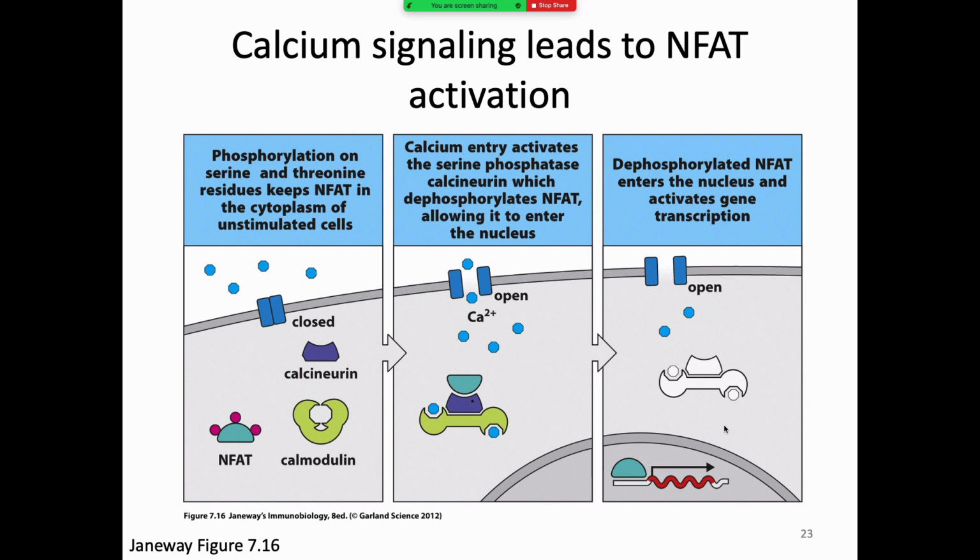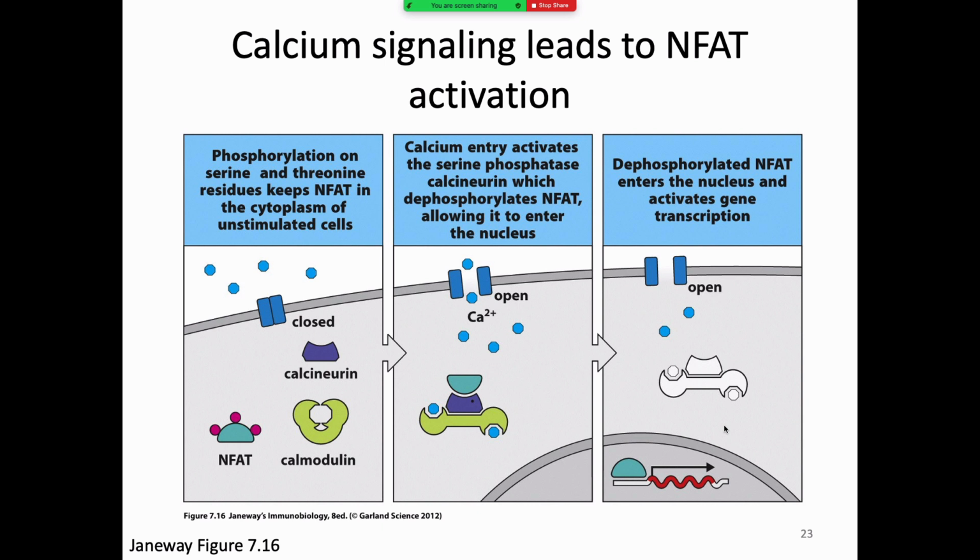At the beginning of this process, before we had signaling, our transcription factor NFAT had a whole bunch of phosphates on it. And because our transcription factor NFAT had a whole bunch of phosphates on it, it was not allowed in the nucleus. That actually blocked it from going to the nucleus. When calcineurin is active, it removes all the phosphates from NFAT.